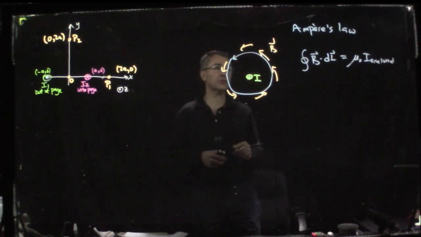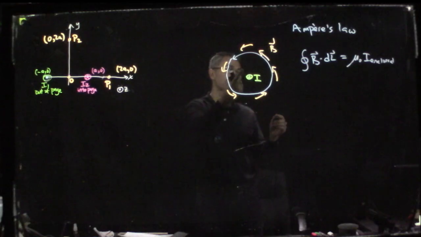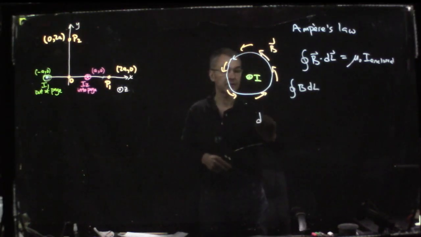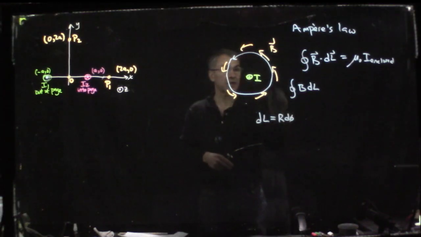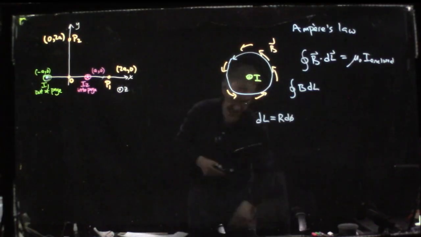Okay, so in this case, B dot dl is just B times dl, and dl just equals r d phi, and we'll go around the loop.